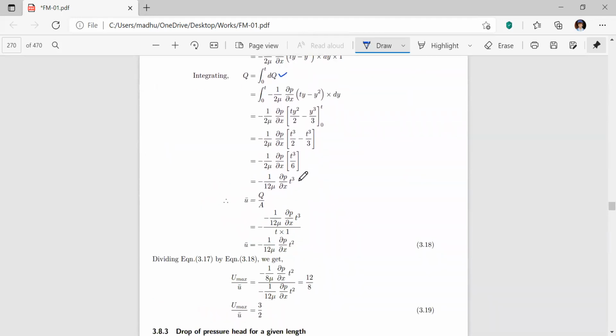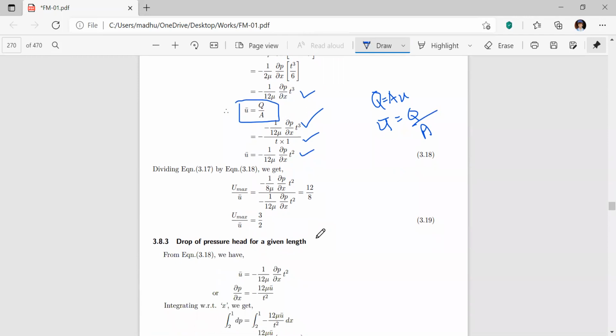So the equation for q is minus 1 by 12 mu dp by dx into t cube. Now we have to determine the average velocity. We know q is equal to area into velocity, so the average velocity is q by A. Since it is the average velocity, instead of u I will write u bar. Substituting the same expression of q and the area t into 1, we get the equation for u bar, the average velocity.